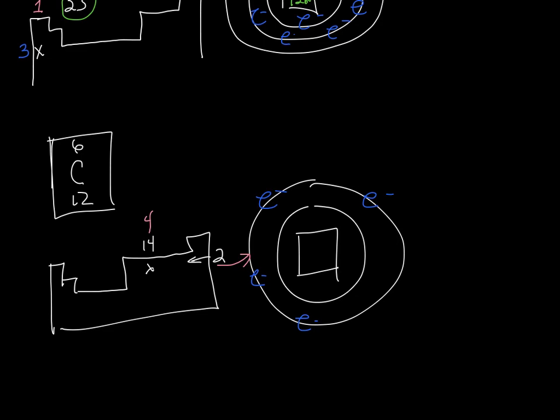I know that carbon has 6 protons. It has 6 electrons, 2 in the first orbital, 4 in the second orbital, 1, 2, 3, 4, 5, 6. The total mass is 12, so that means it must have 6 neutrons because 6 plus 6 is 12.